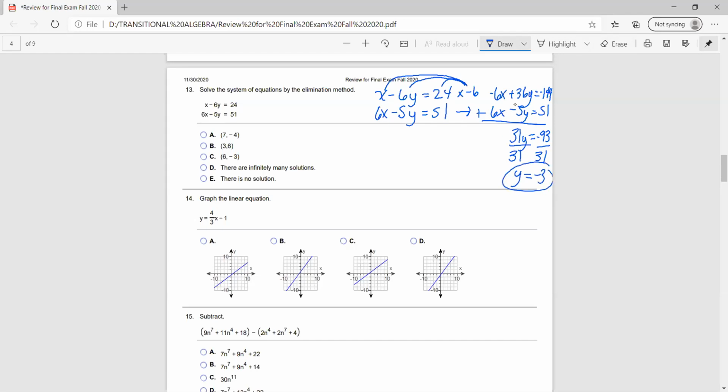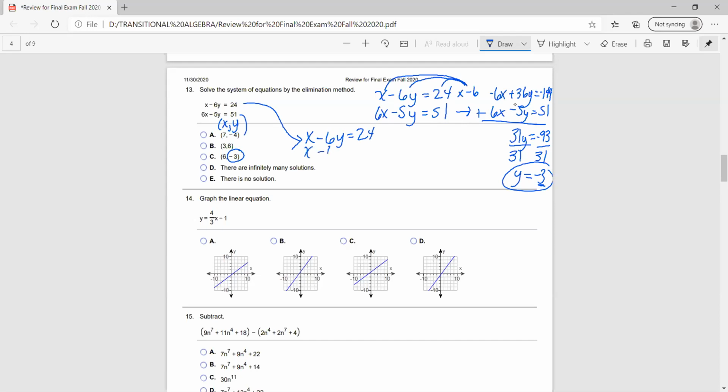So there's the first part of my answer. I already know that these are written as coordinates x comma y, and the only one that has a -3 is C. So I think that's the answer. But to figure out what x is, you would pick one of your equations. It doesn't matter which equation you pick. You plug in what you found.